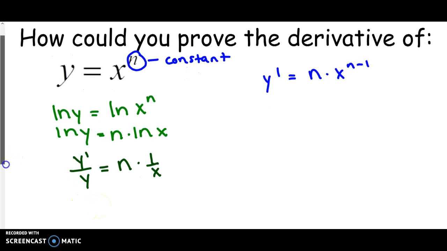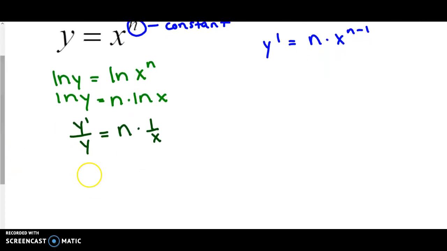So, let me get some more space. Let's multiply both sides by y. And remember, y is just x to the n. For right now, I'll just leave it as y, just so I don't confuse you. Remember that I can replace y with x to the n.